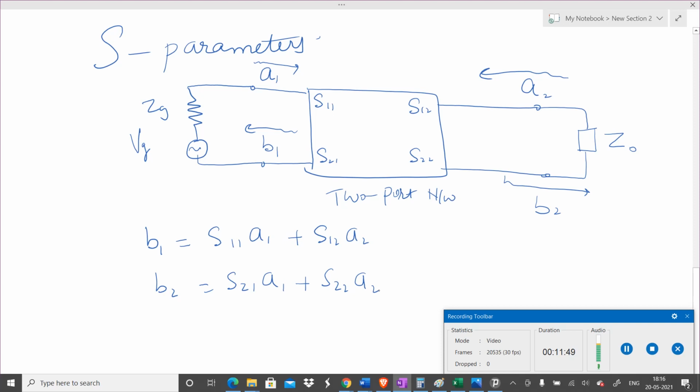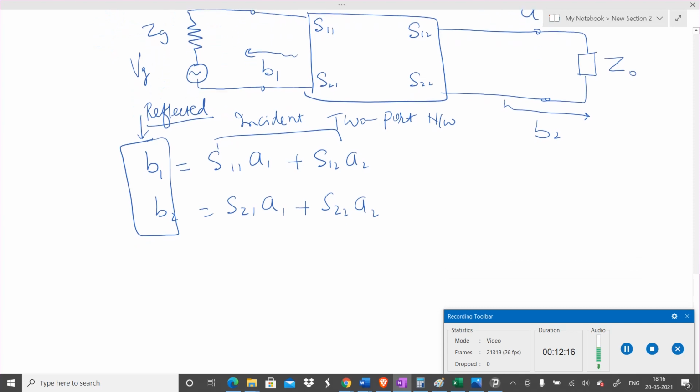So basically A1 and A2 are the incident waves coming to the junction, and B1 and B2 are the reflected traveling waves coming out of the junction. And the S parameter convention, the definition, is we write here the reflected wave parameters, and how they depend upon the incident wave parameters. So these are called S parameters.